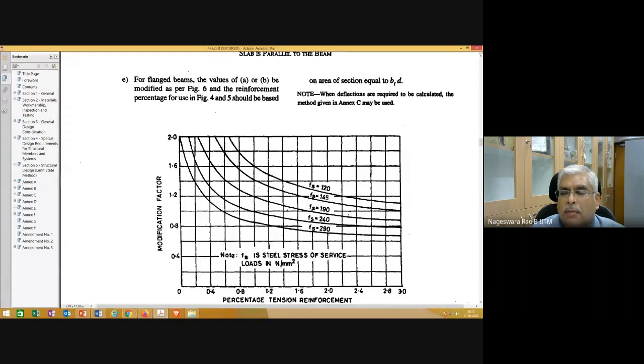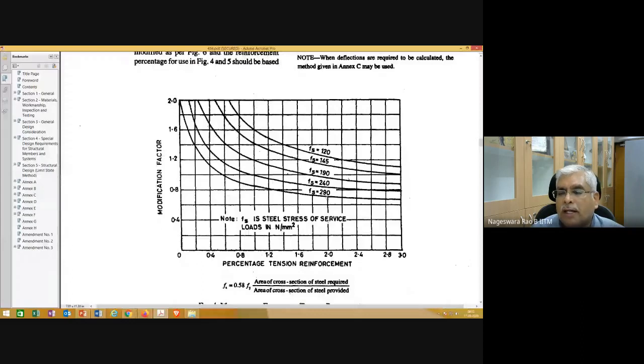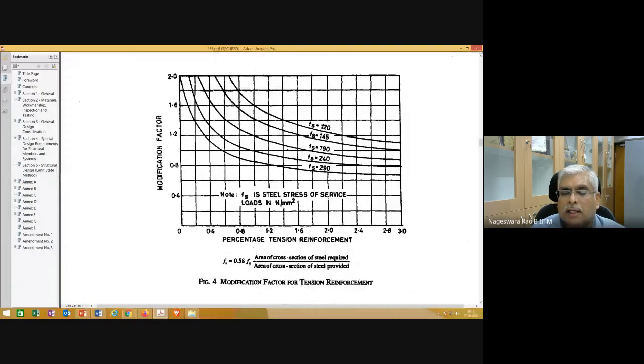And now whatever the value, 20 multiplied by 10 divided by 12, you need to apply the modification factor for tension reinforcement. For that, we need to read the modification factor value from this figure. And yesterday I mentioned to you how to calculate this Fs. So what is the Fs value for Fe 415 steel?